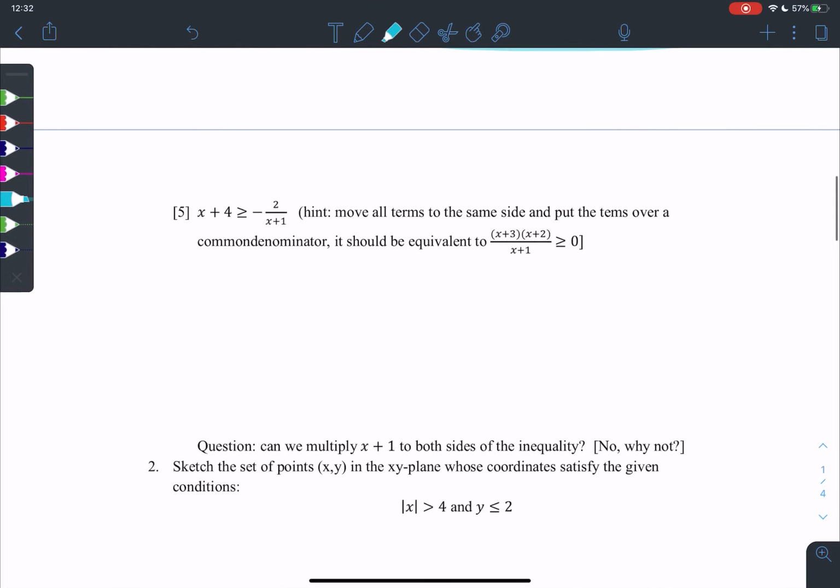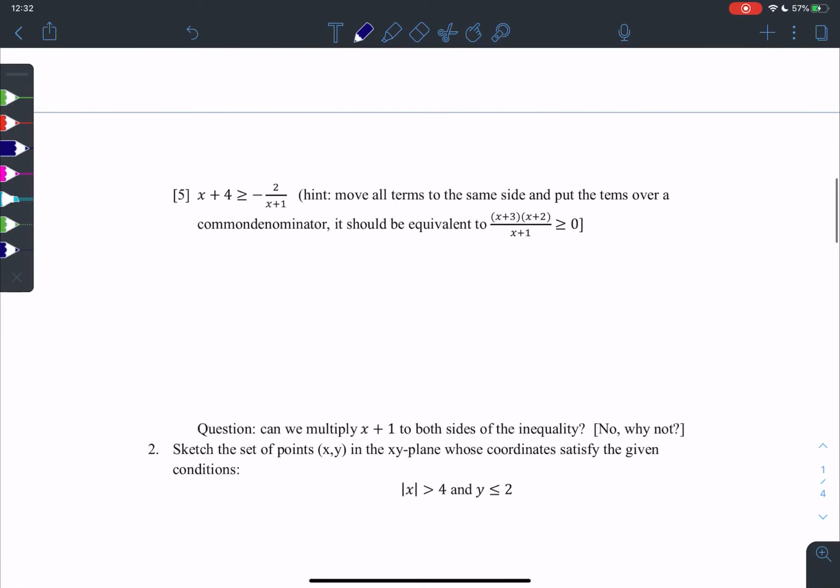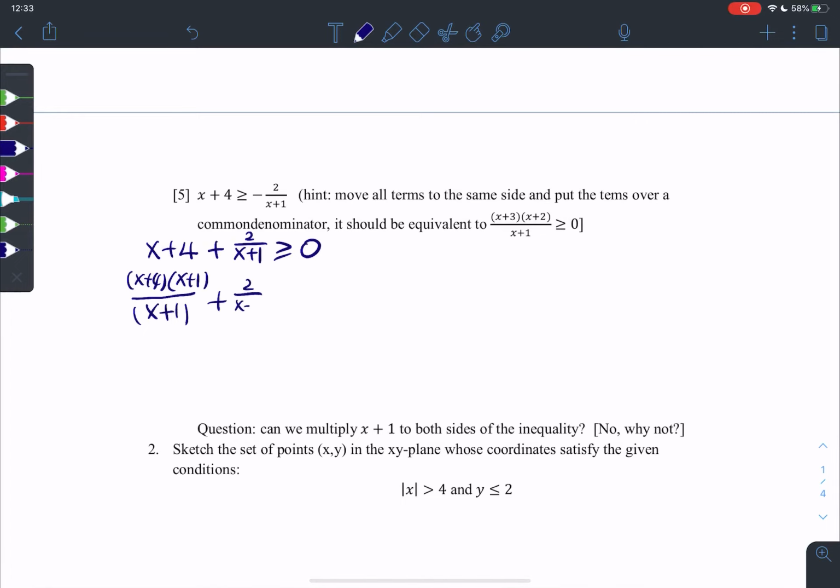The last problem we have here is a structure which does not have 0 on one side and it's not factored. So what we have to do is move all the terms to one side and then work it out so that it looks like multiplication and division put together.